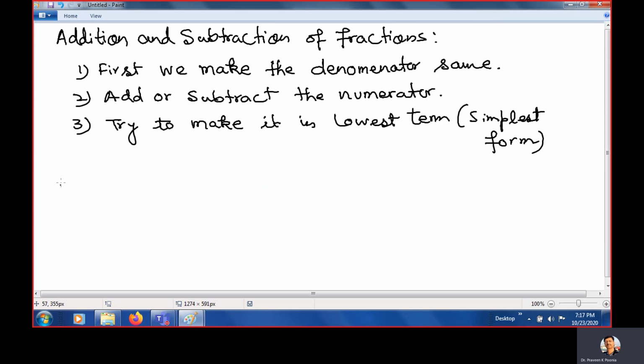How we are going to do it? We will take one example and then we will learn.